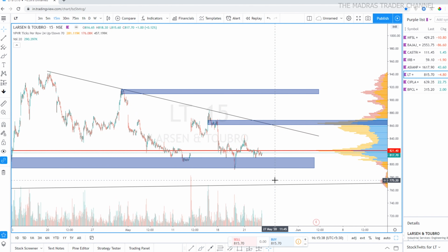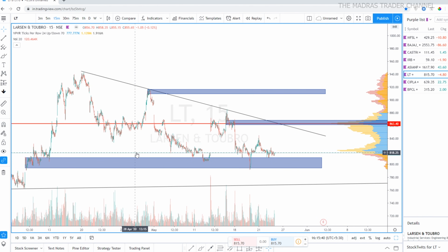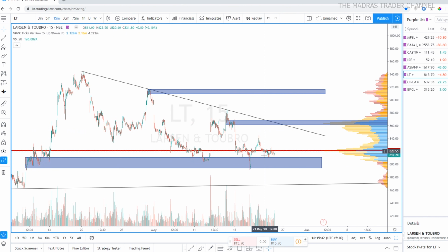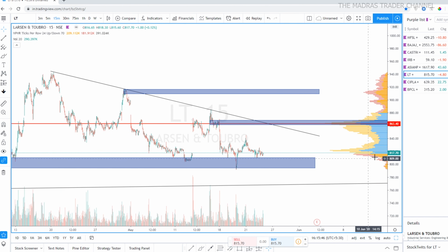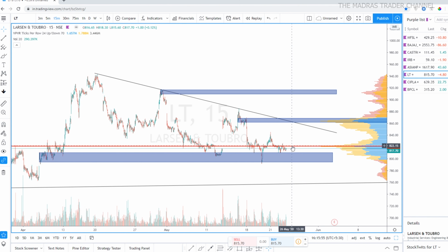Okay, so this is L&T, and the price has been hitting this area and rejecting, and if you look at this, this is the point of control. Probably what can happen is it can move down or it can move away from the point of control towards 860 or 850.